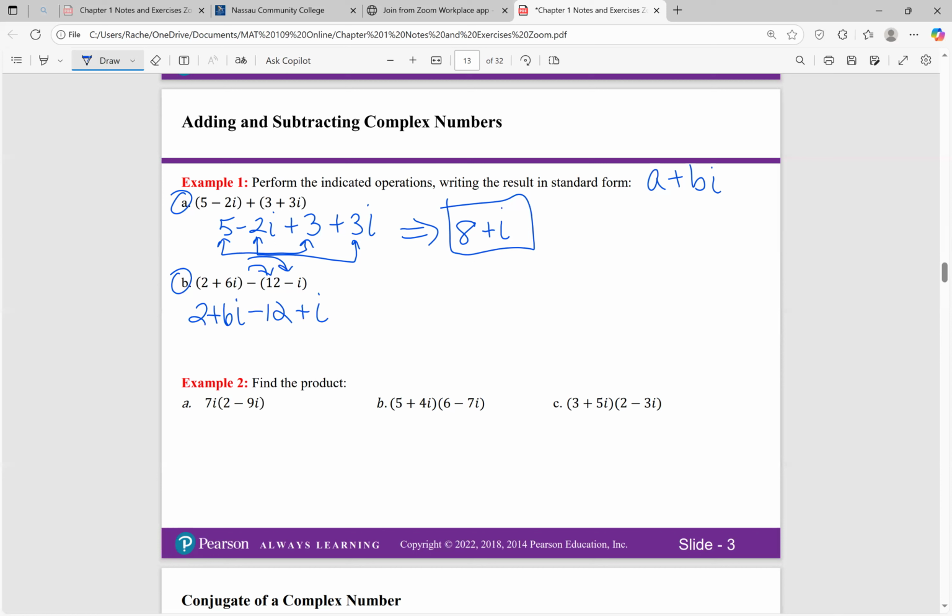Now we can combine like terms. Let's add the real parts: 2 combined with a negative 12 is negative 10. Then we have a 6i combined with a 1i, and that's a positive 7i. So we have negative 10 plus 7i, and that's how we write it in standard form.